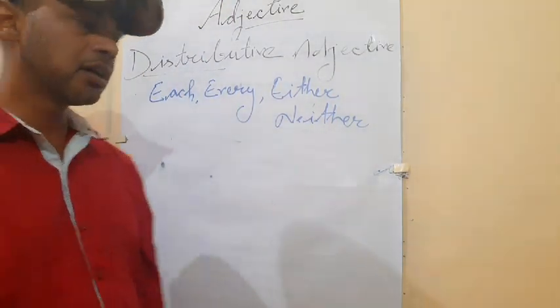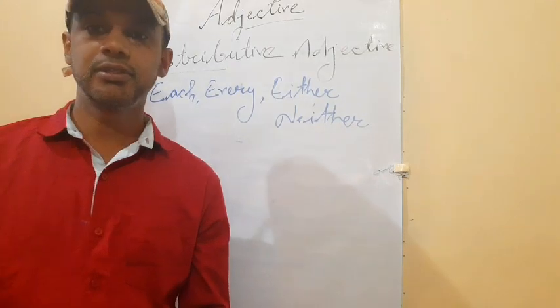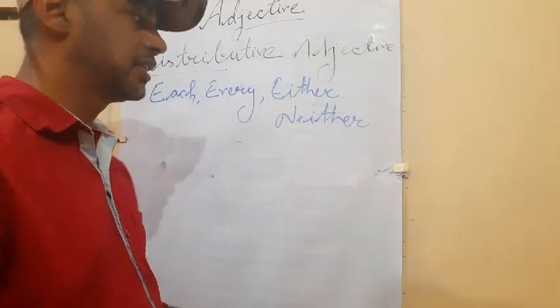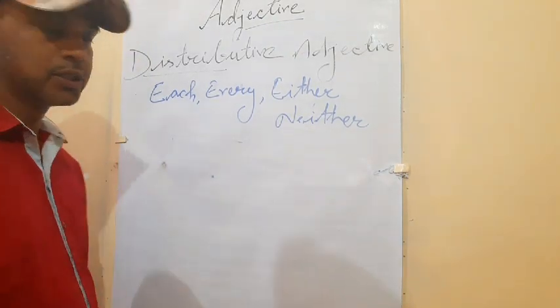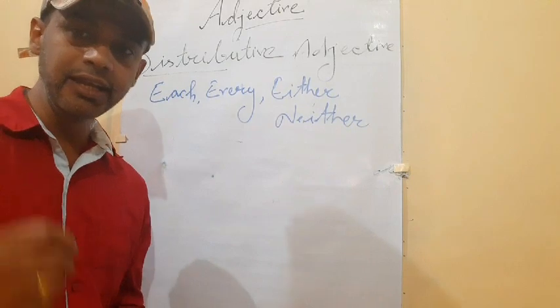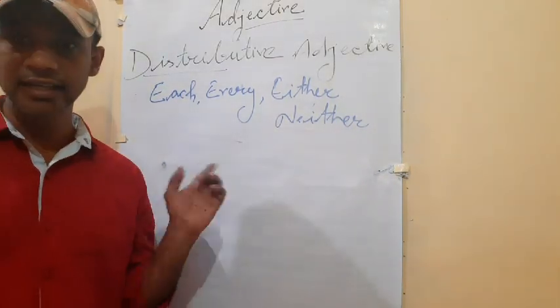Either and neither can also be pronounced differently, but the modern pronunciation is used. As I told, after each, every, either and neither, we use a noun quickly. By example you may understand better, so I'm writing an example now.